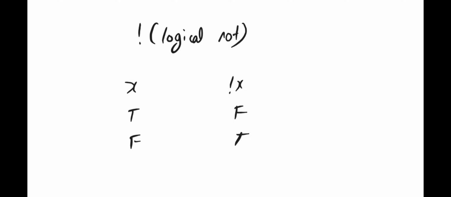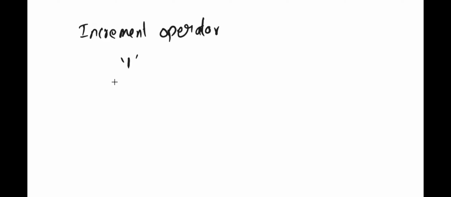And then, in arithmetic operators, we missed that I didn't tell you about the increment and decrement operators. The increment operator is nothing but every value being increased by 1.